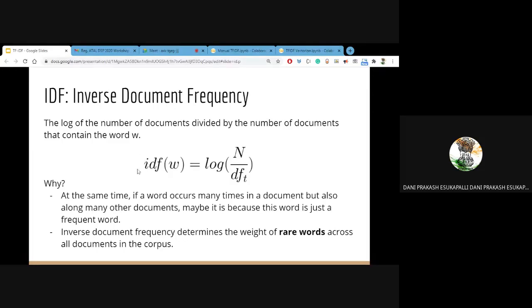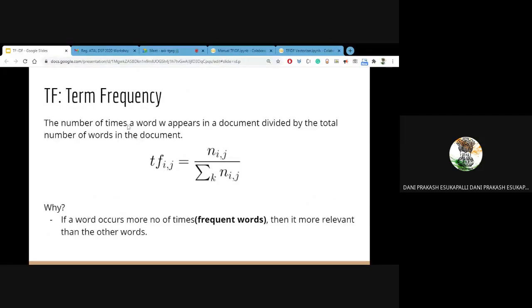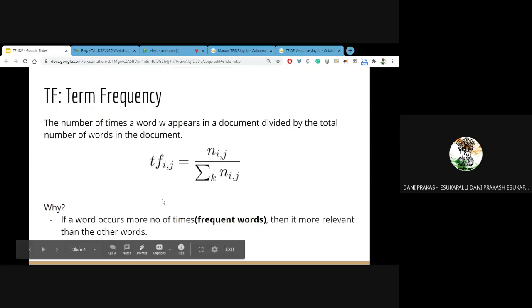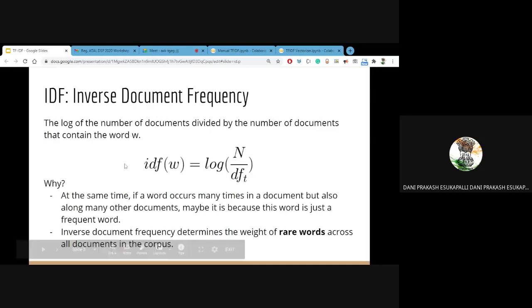Term frequency of a word will be high if the word occurs more number of times, and if the frequency of the word is less, the inverse document frequency will be high.